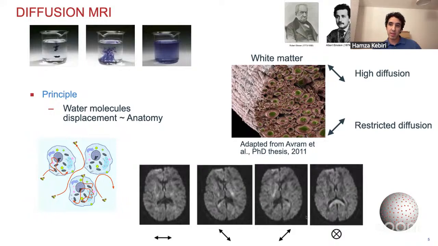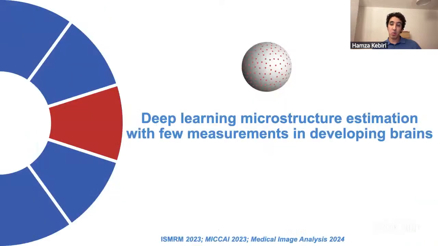You can think about it as a labyrinth. Let's say your eyes are blindfolded and you are in a labyrinth and you cannot see. The more directions you can go through, the better you can know where you are and the better estimation you can get of the architecture of the labyrinth. So this is basically what we will tackle here.